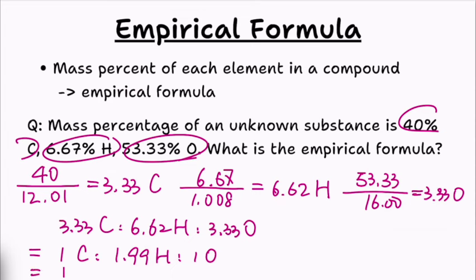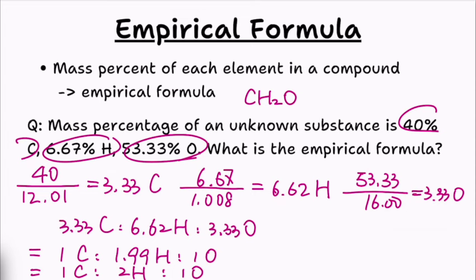So it will be 1 carbon to 2 hydrogen to 1 oxygen, which means the empirical formula for this substance will be CH2O. This is one of the most important methods we use to figure out the identity of an unknown substance when you are given only the mass percent of different elements.